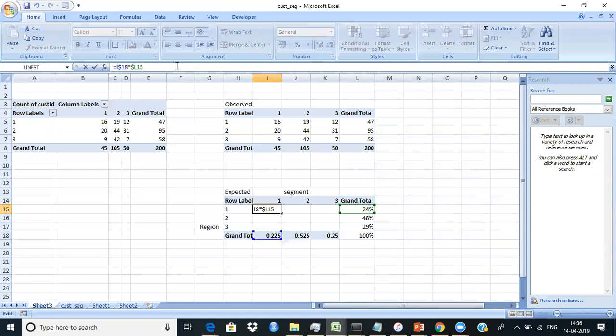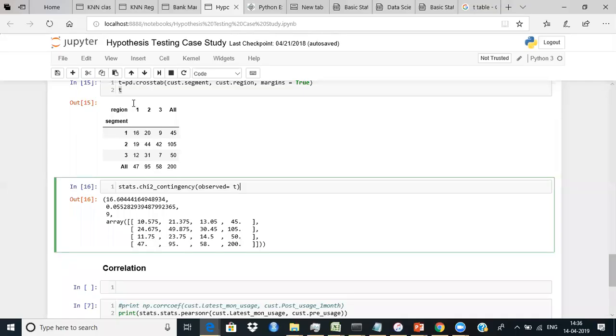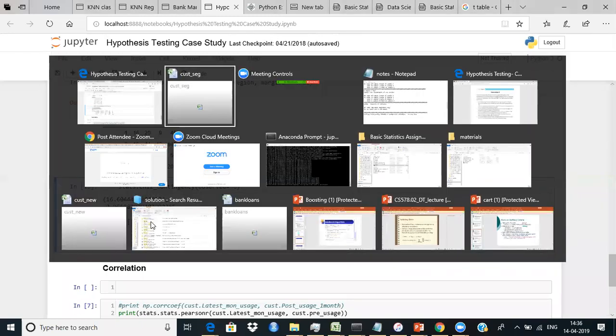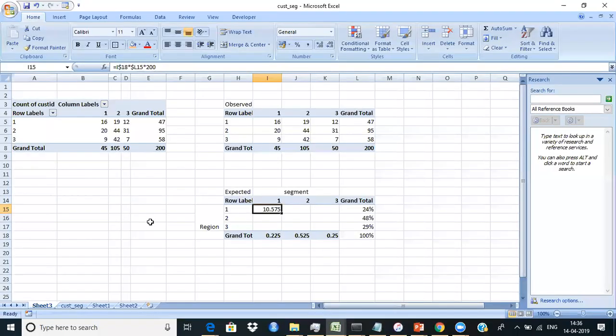This probability into 200? Yeah? You get 10.575. If you go to the expected, what do you see? 10.575. Right? This is the expected, because here we are assuming they are independent. If region and segment were indeed independent, we will get these many people in each of the brackets. Make sense? Okay. So now you understand what does expected mean?